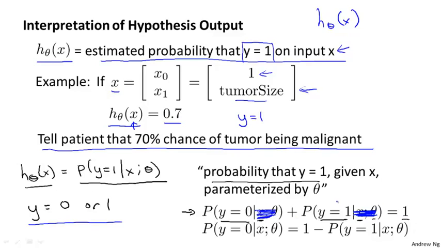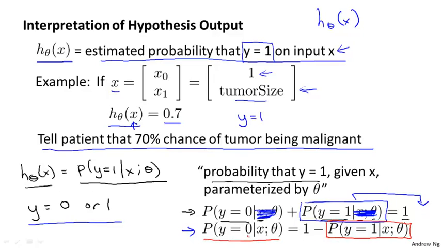And so if you just take this term and move it to the right-hand side, then you end up with this equation. It says probability of y equals 0 is 1 minus probability of y equals 1. And thus, if our hypothesis, if h of x gives us that term, you can therefore quite simply compute the estimated probability that y is equal to 0 as well.